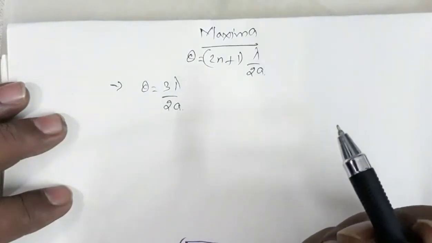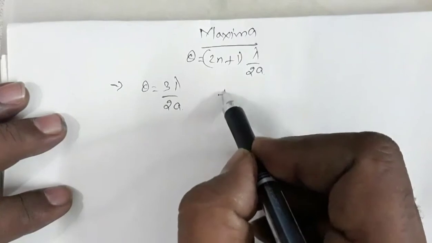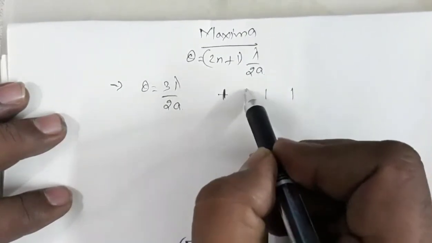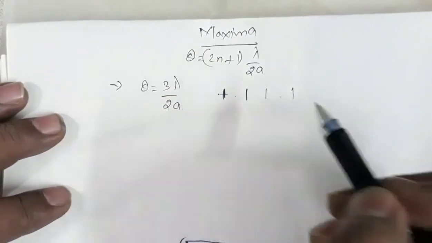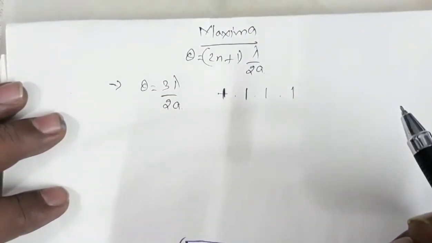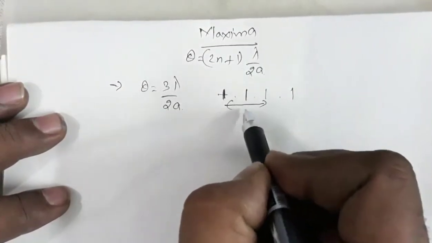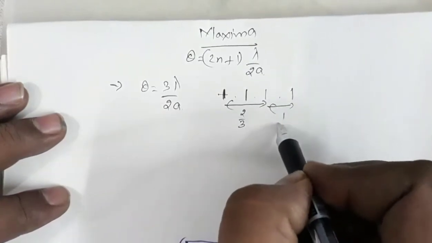Now let us divide the slit. If this is the slit, we divide the slit into 3 parts: first part, second part, third part. So this is the 2/3 part and this is the 1/3 part.